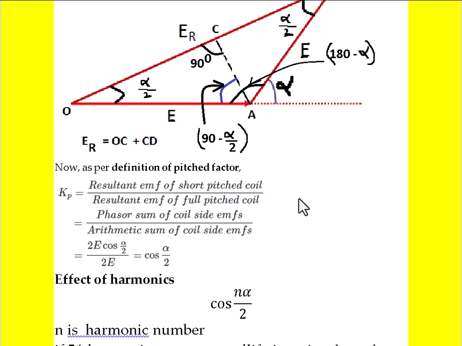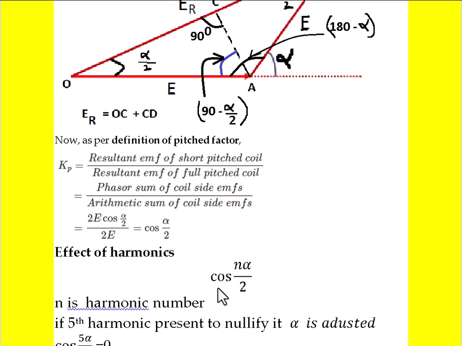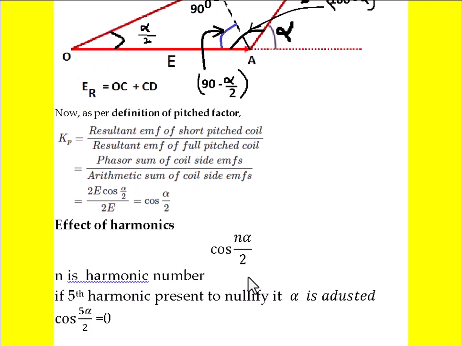When the coil is short pitched, there is the possibility of harmonics being present. The expected thing is only the fundamental waveform should be there, but harmonics will be there. These harmonics are unwanted. So when harmonics are there, the pitch factor definition will become cos of n alpha by 2, where n is the nth harmonic or harmonic number.